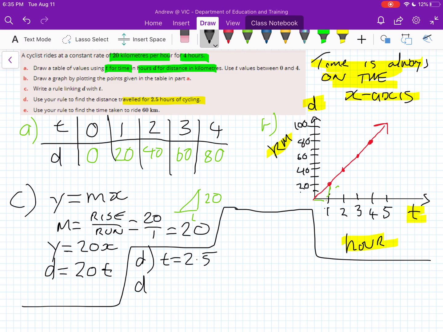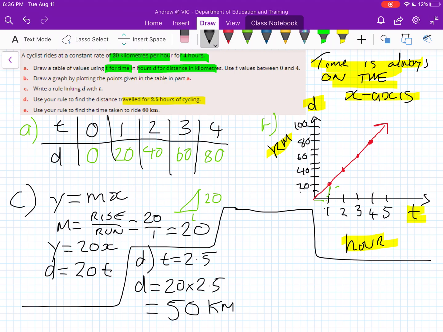So distance is going to equal 20 times 2.5, which you can work out to be 50. And remember, this has units. Our distance has got to have units of kilometres. So make sure you put that there.